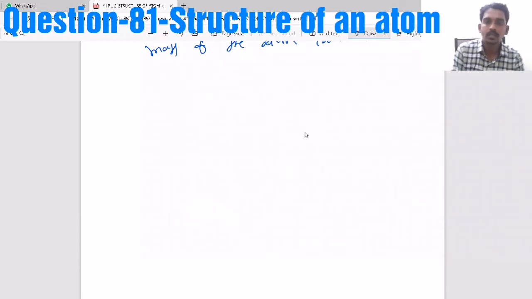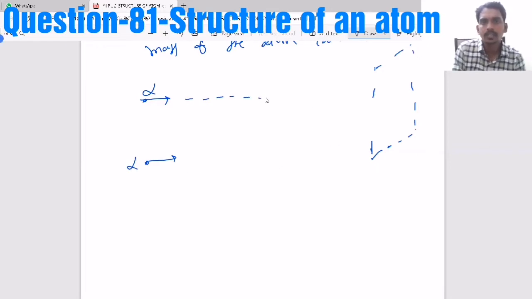But how did he conclude it? He sent alpha particles towards a gold foil. So a gold plate he has taken. Now alpha particles are coming towards the gold foil from different directions.